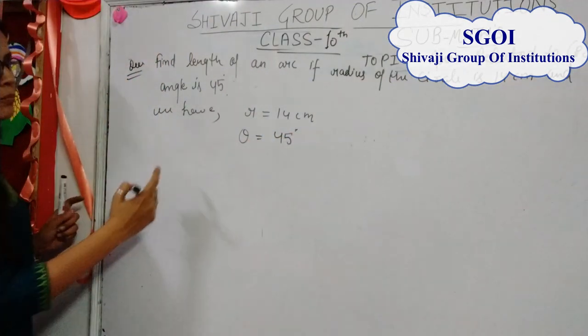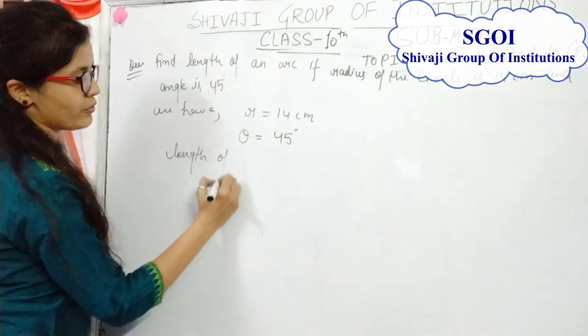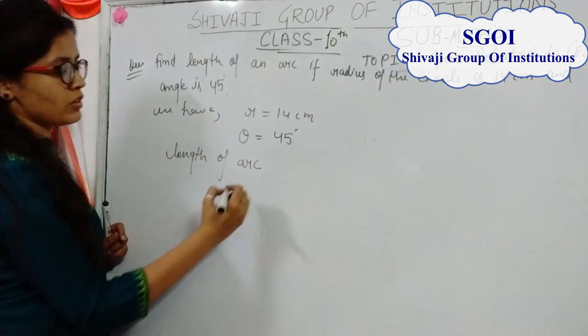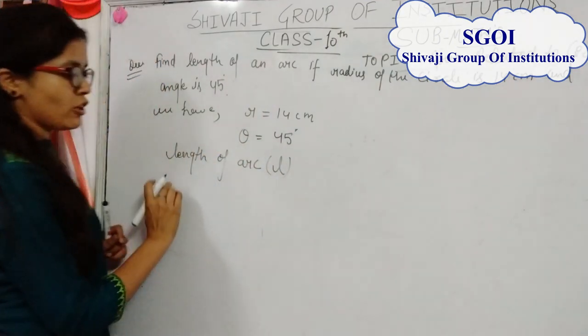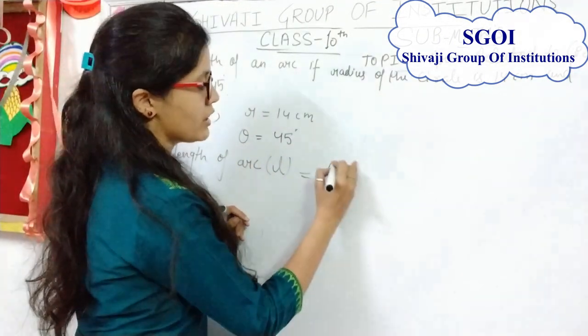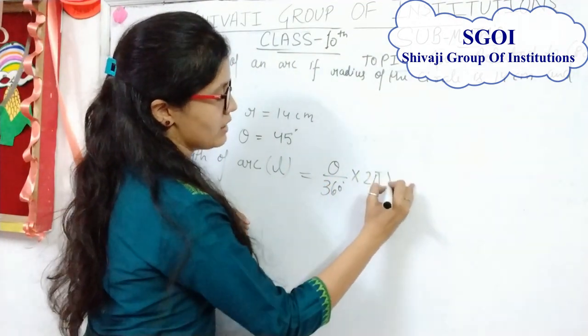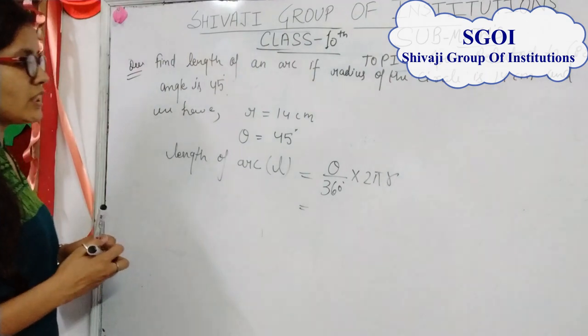We know the formula of the length of an arc, which we represent by small l: l is equal to theta upon 360 into 2 pi r. The value of theta is 45.